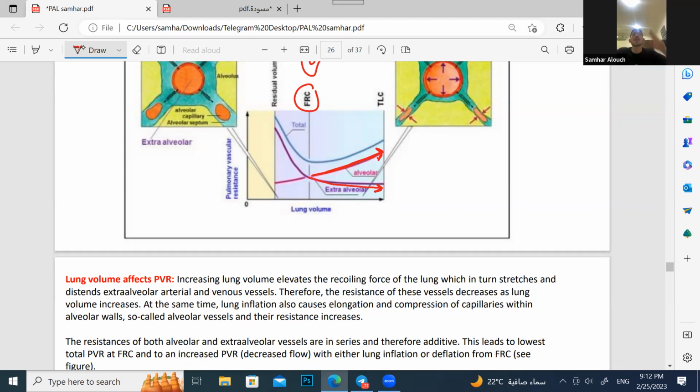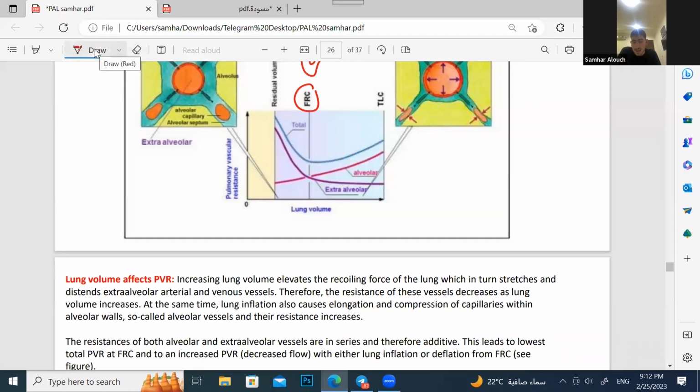And so what's the total? The total is an increase in resistance, because the alveolar resistance increasing will overcome the extrapulmonary vessels decreasing. So when I inhale, the total resistance increases. Now, what happens in the opposite direction? I exhaled, but now I can exhale more.